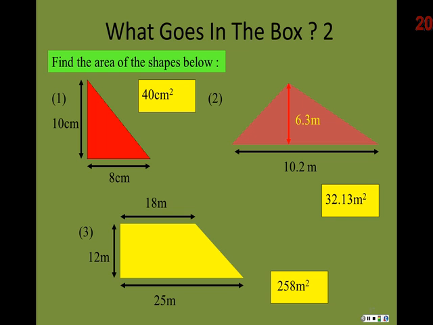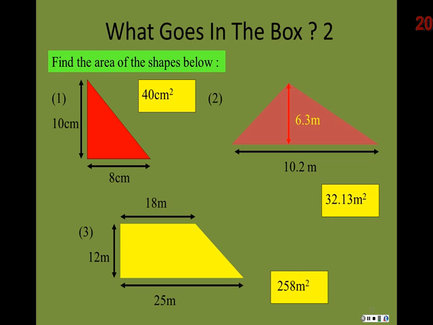Okay, so you do the 12 times the 18. 12 times 18 was 216 meters squared. That's your rectangle. And for the triangle part, you take 25 and subtract 18, so you get 7 for your base.